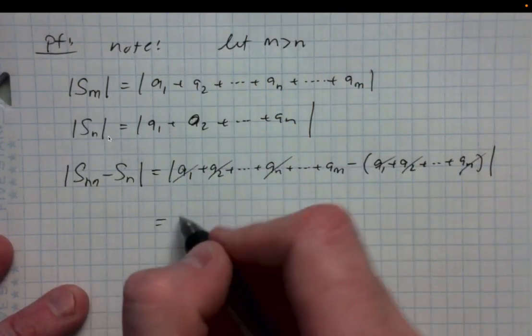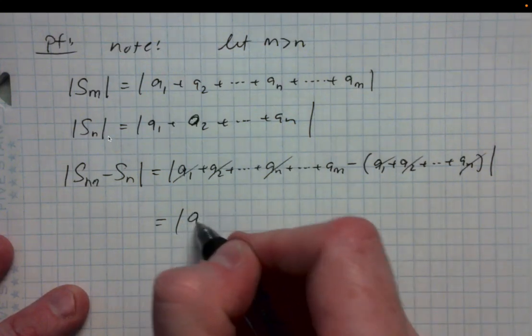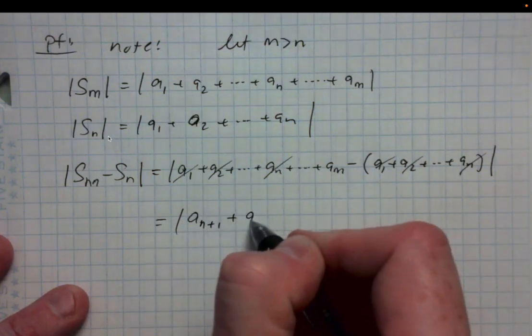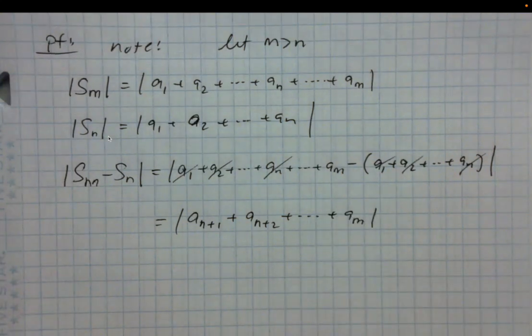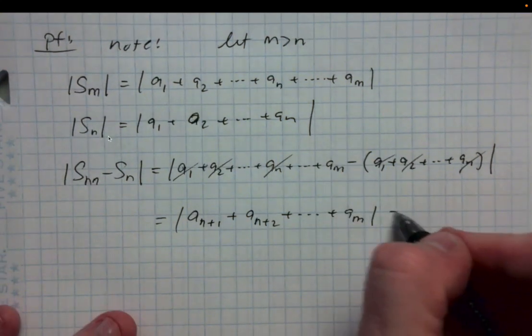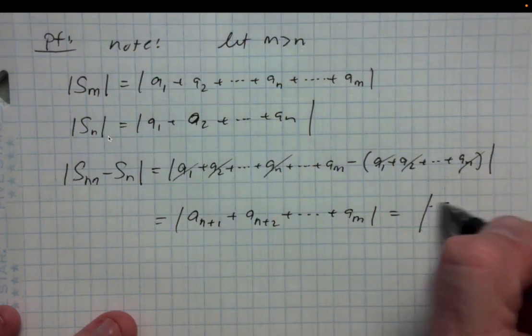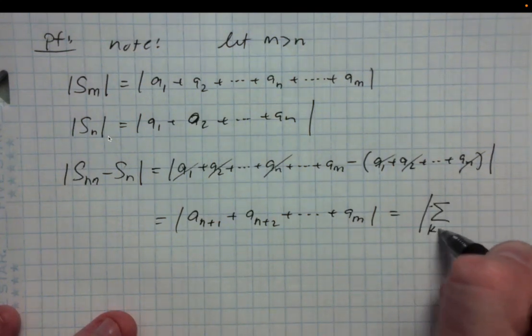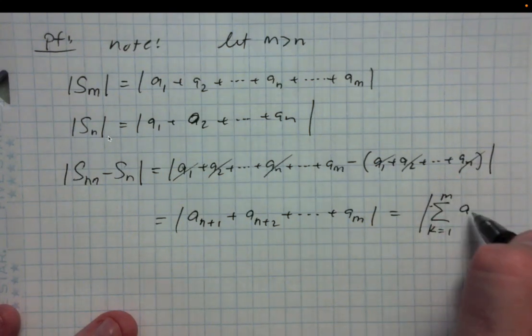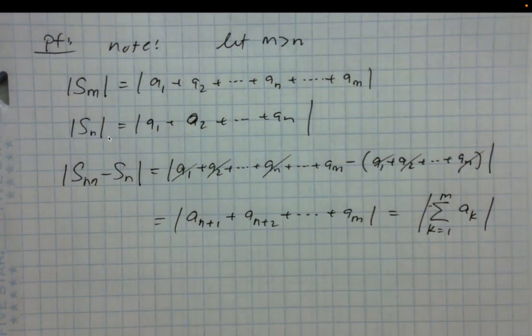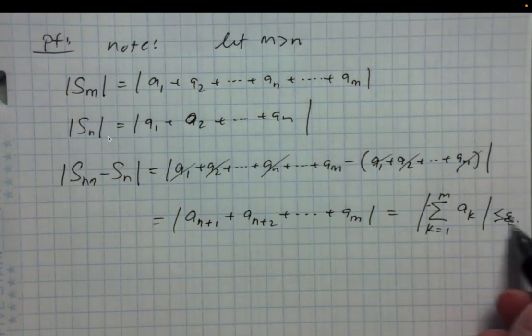And so what I'm left with is the absolute value of a sub n plus 1 plus a sub n plus 2 plus dot dot dot plus a sub m. This is the sum that specifically has to be less than epsilon as per the theorem. If you look at the theorem, this is the thing that needs to be less than epsilon.